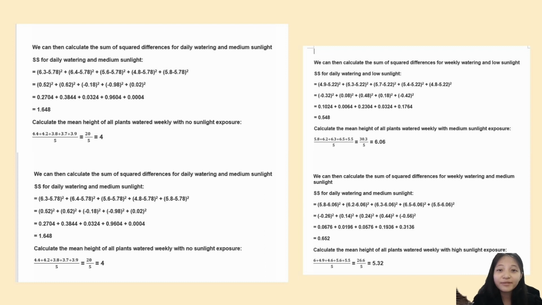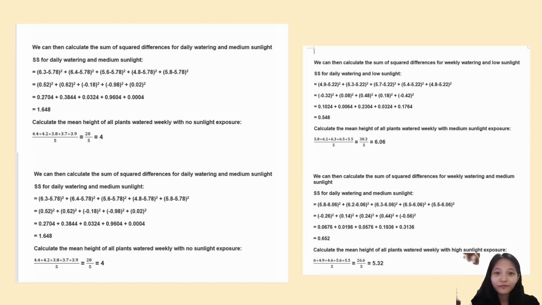So 4.9 minus 5.22 squared plus 5.3 minus 5.22 squared plus 5.7 minus 5.22 squared plus 5.4 minus 5.22 squared plus 4.8 minus 5.22 squared equals 0.548. So 0.548 is the sum of square differences for factor B with low sunlight exposure.